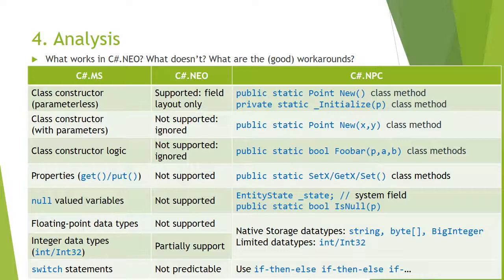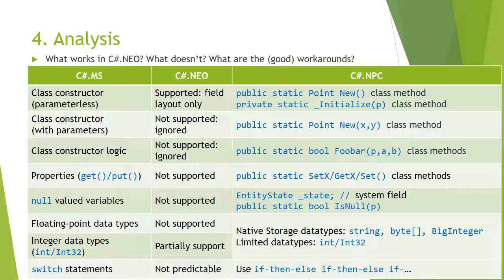I say integer types, like int and int32, are partially supported because you can use those types, let's say for indices when you're looping through an array, and those sorts of things, but you really need to convert them to big integer if you want to store them.